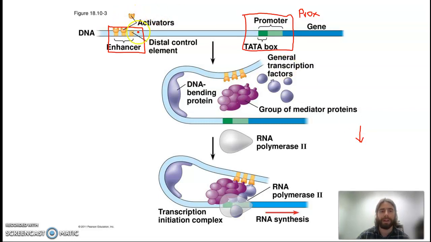Now we're only looking right now at the influence of activators. There are also specific proteins that could inhibit. We'll just draw it with an I. It's a little tedious to draw with the mouse. But there are inhibitors that will get in the way of this as well and prevent transcription.